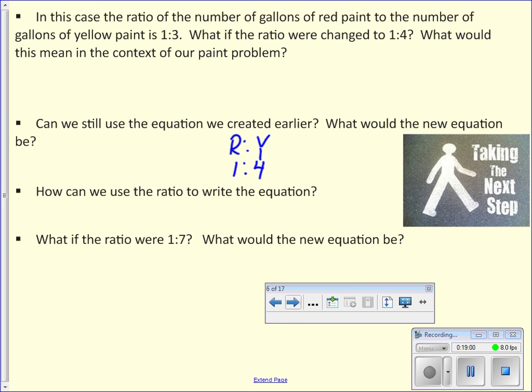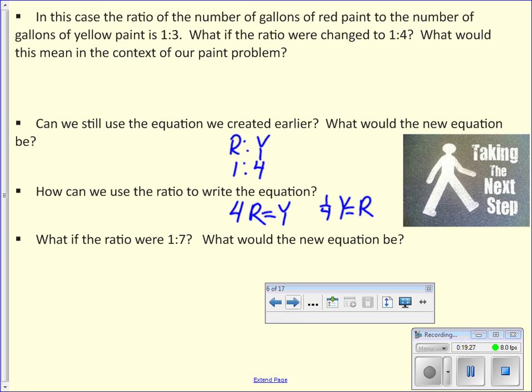How can we write that equation? No, we're just talking about it. So what would we do? We would have to take our reds, and what would we have to do? Multiply it by 4, and then we would get our yellow. Or take our yellow, multiply it by a 4th, and then we would get our reds.